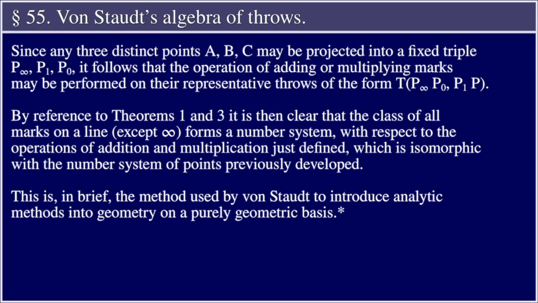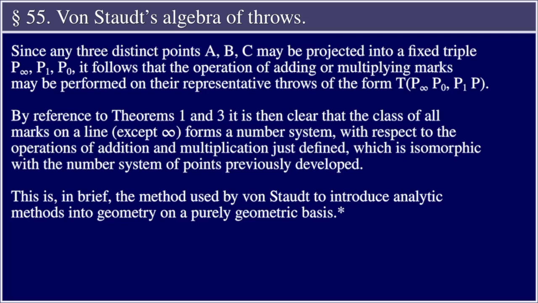Since any three distinct points A, B, C may be projected into a fixed triple, P-infinity, P1, P0, it follows that the operation of adding or multiplying marks may be performed on their representative throws of the form T(P-infinity P0, P1 P).